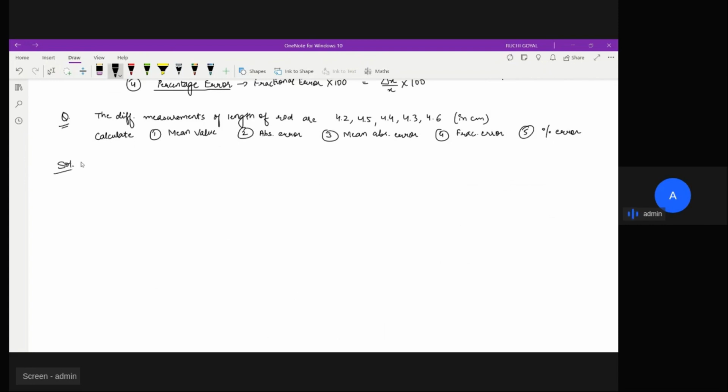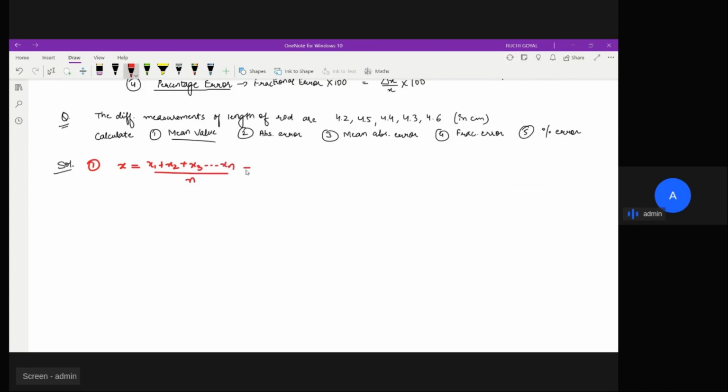The different measurements x1, x2, x3, x4 and x5 are given to us. Firstly, we have to calculate the mean value. The mean value x is calculated as x1 plus x2 plus x3 up to xn divided by n.